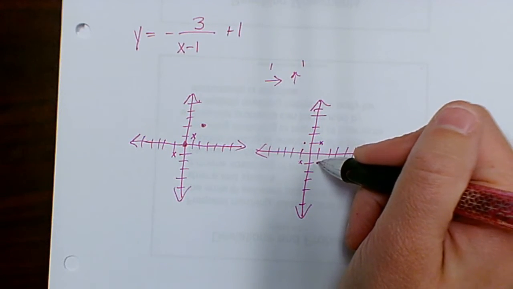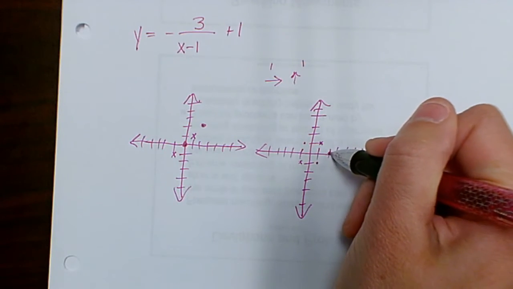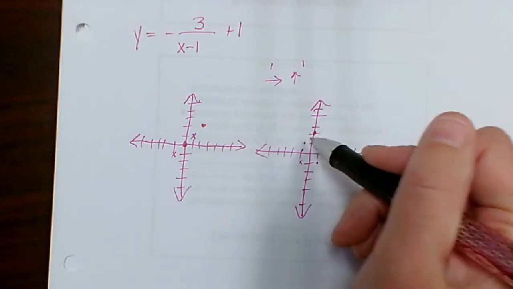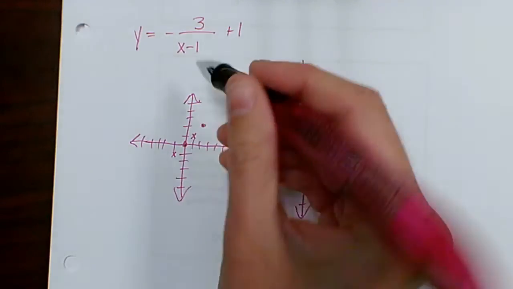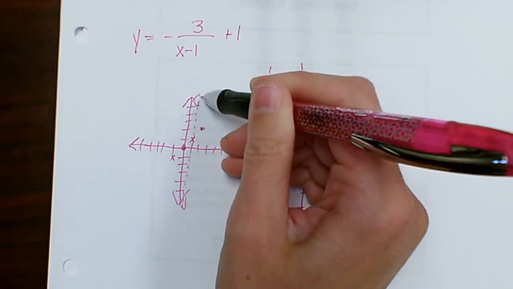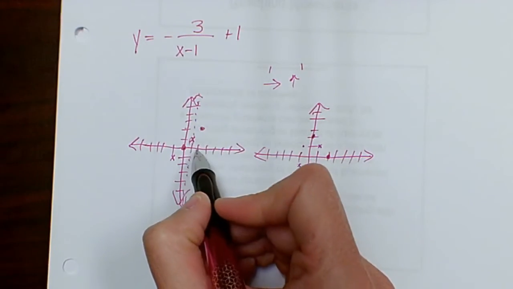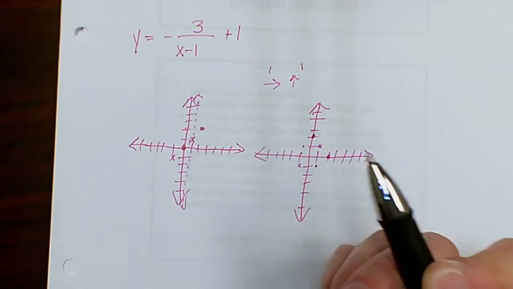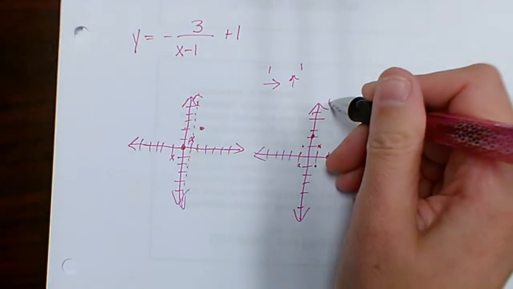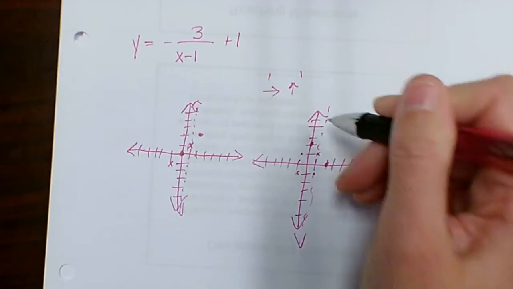So then we can go 1, 1, and 1, 1. There we go. And see, that's kind of hard to, I guess you'd have to find the horizontal or the vertical asymptote and then reflect these across that line. But that's harder to do. So reflecting first and then finding, that would be a better idea.